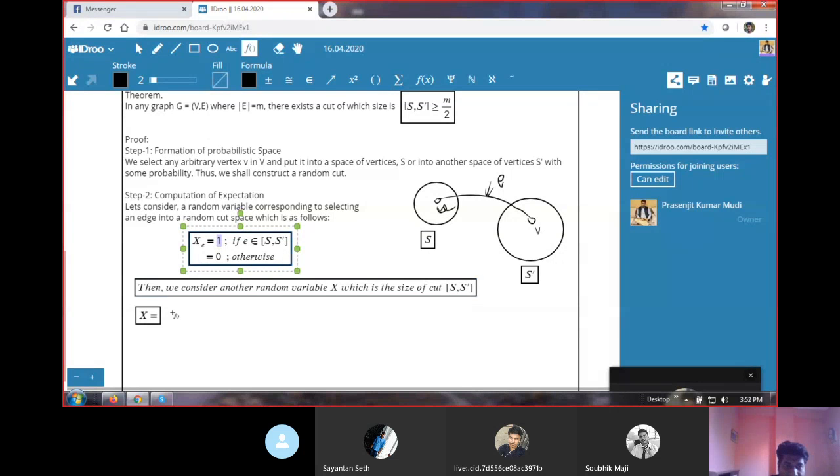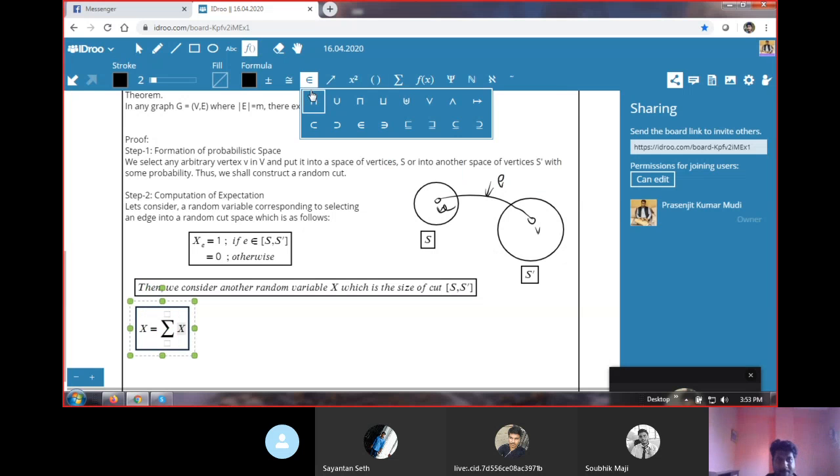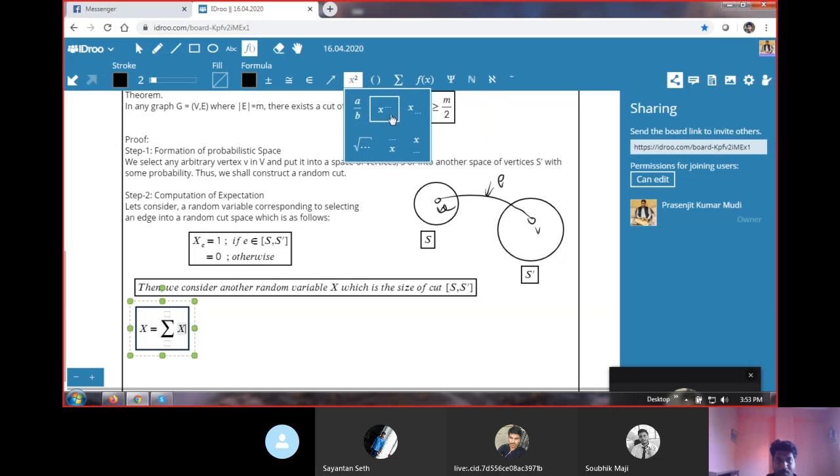That means the number of ones will be equal to 4, right? So now, how to get that summation, right?